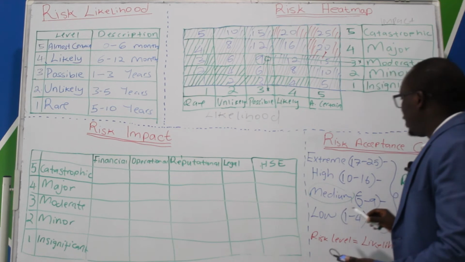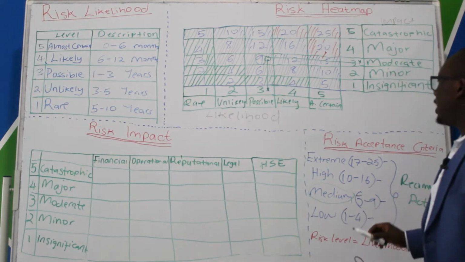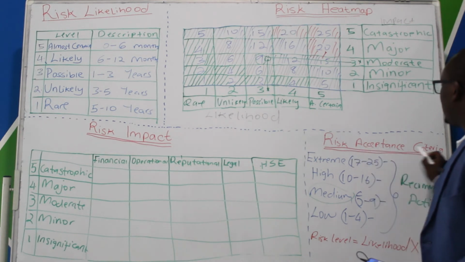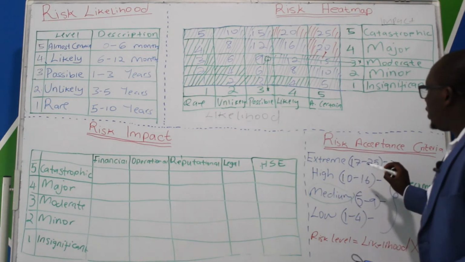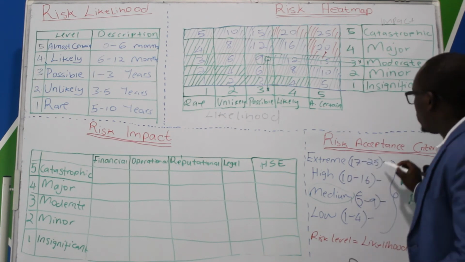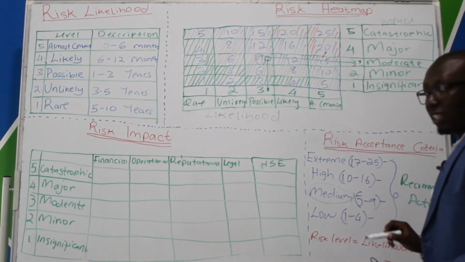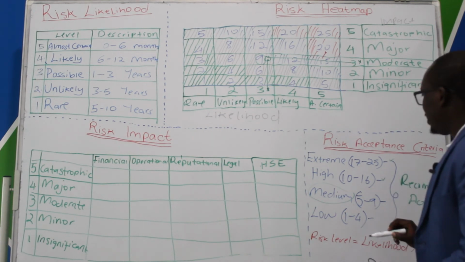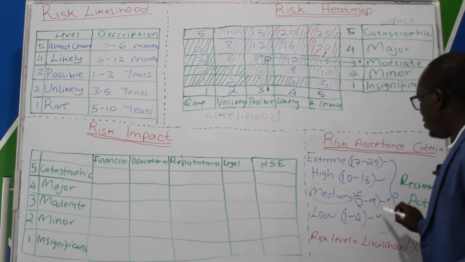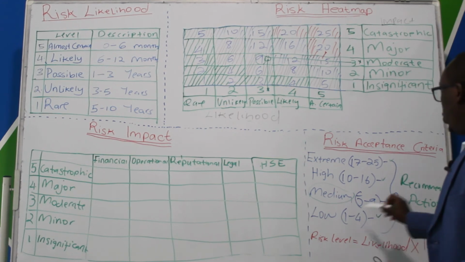Now that you've identified it's a medium risk, you also need to have, as part of your criteria, something called a risk acceptance criteria that defines what we will be doing with each of these risks. What should we do when we have an extreme risk? What should we do when we have a high risk, a medium risk, and a low risk? You need to come up with a recommended action.